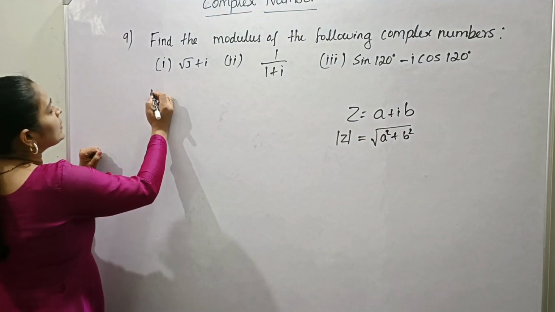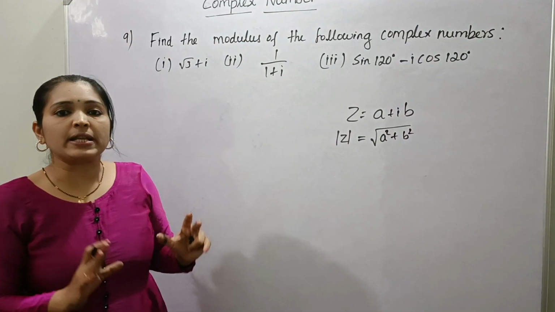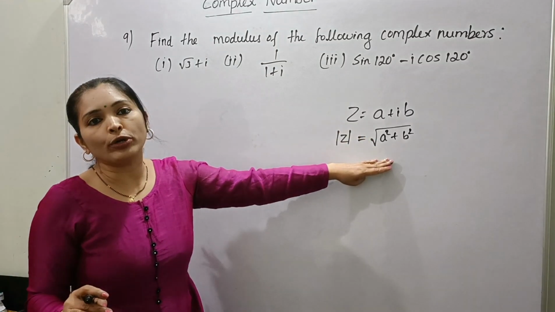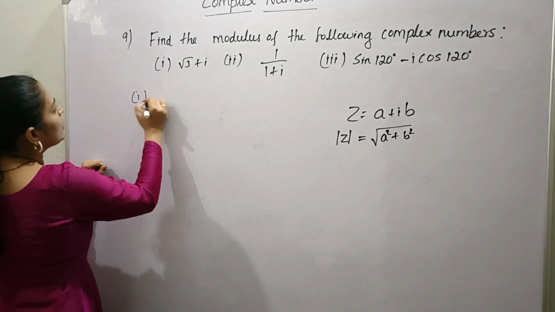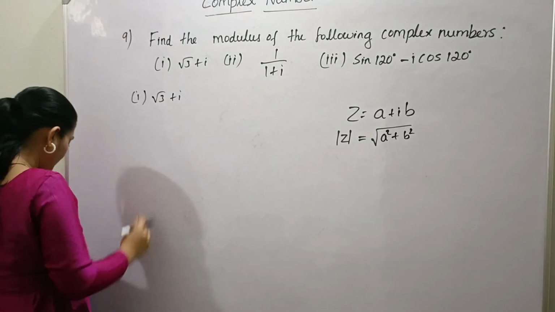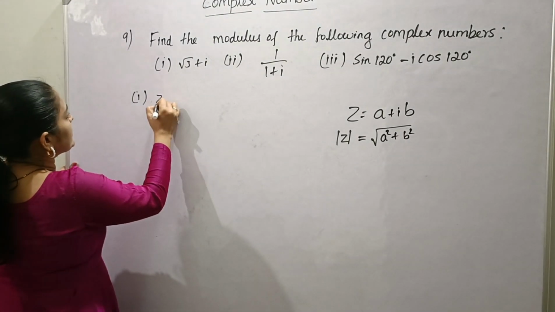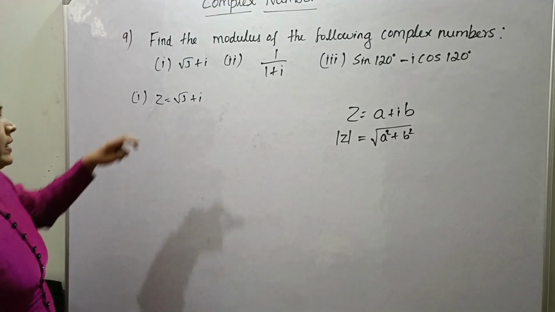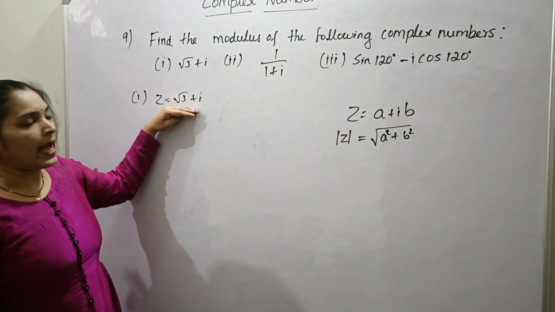So here also we have to make a complex number in the standard form. After that we will find the modulus of a given complex number. So here first one, root 3 plus i. z = root 3 + i. So modulus of z, now it is in the standard form, that is a + ib.